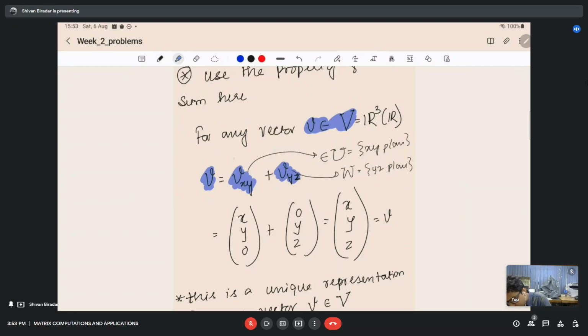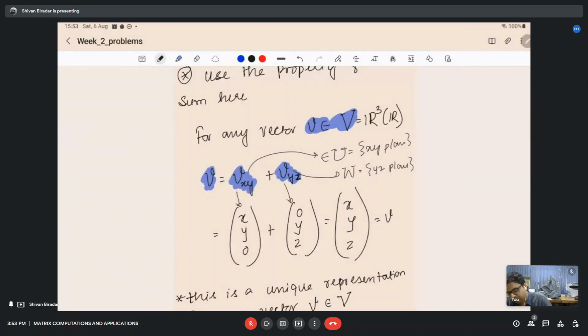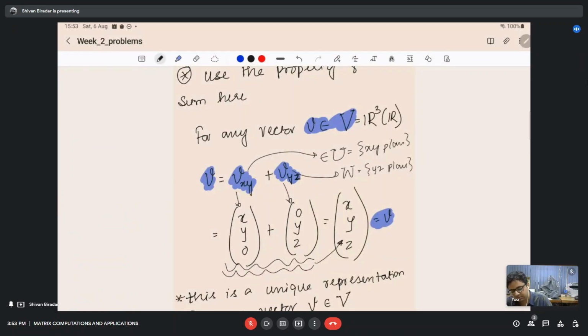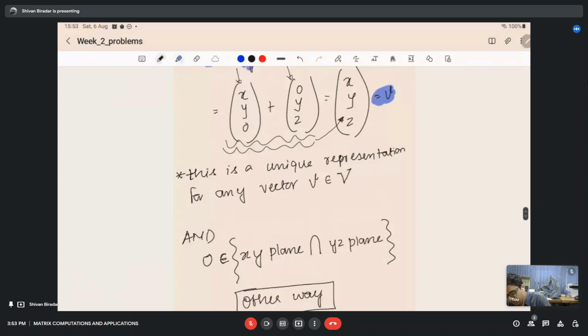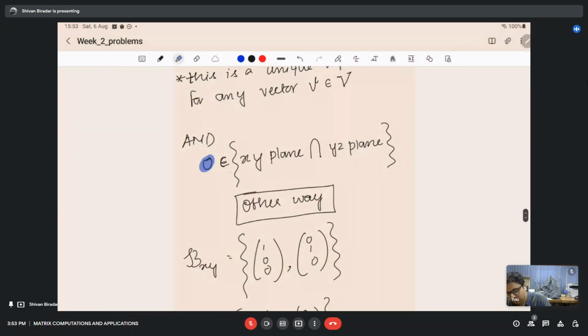So Vxy will look like this and Vyz will look like this. If I add these two vectors, then I'll get this V. And this binary operation uniquely gives us this vector (x, y, z). And 0 belongs to the intersection of the xy plane and the yz plane.